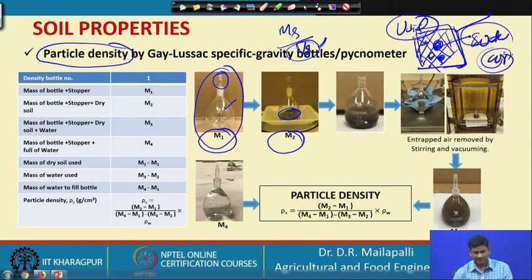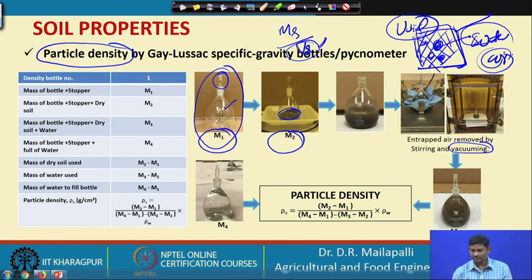Now add water into that and take out the air gaps, because soil contains porous space where air might be hiding. So, you have to take that out by vacuuming.